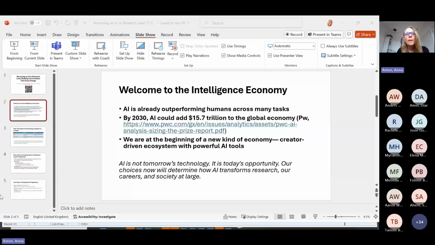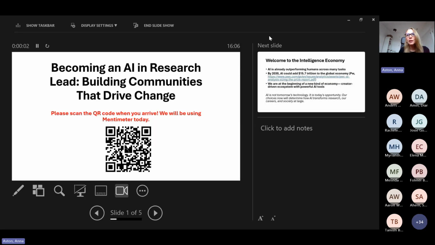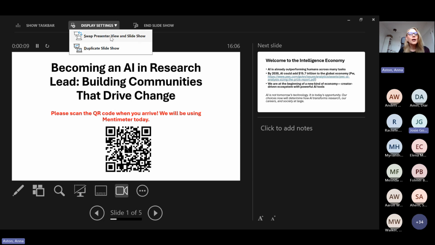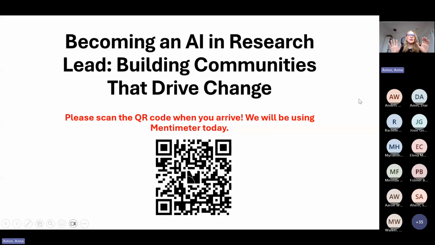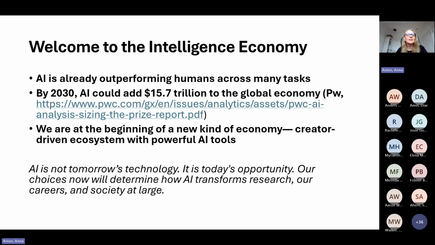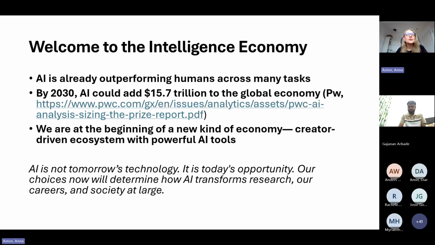Share one more time. Or maybe I have to do it this way. If you click on display settings in the middle, at the top, you should be able to switch. Yes, okay, swap presenter view and slide view. Okay, thank you. Even with 2 screens, I can't see this. It's really strange. Okay, so coming to the next slide. Thank you so much. So where I was, yeah.